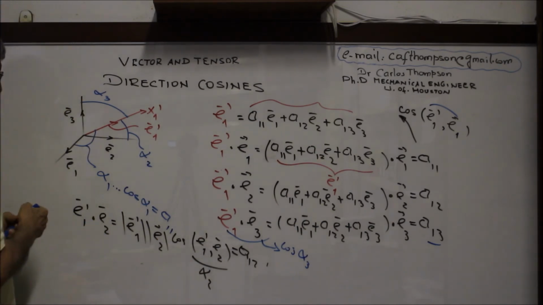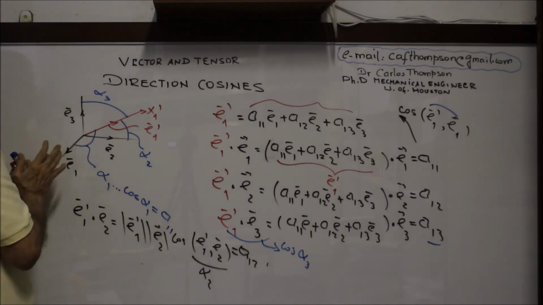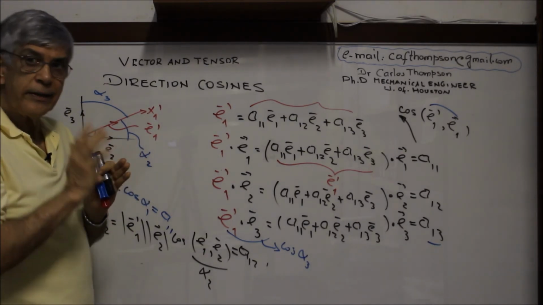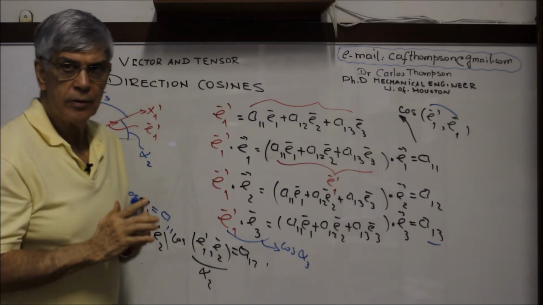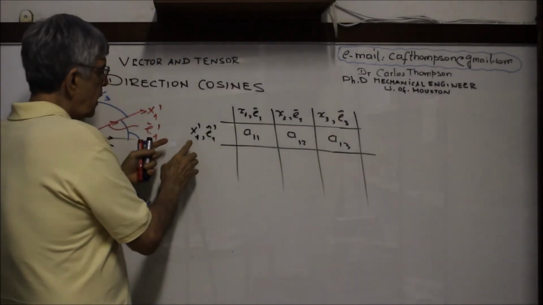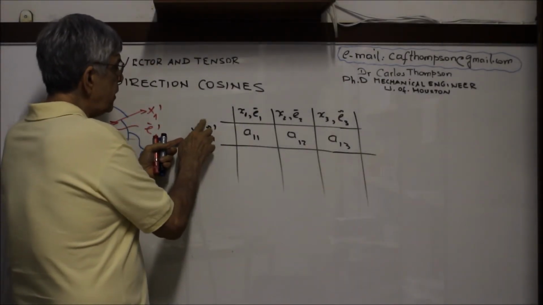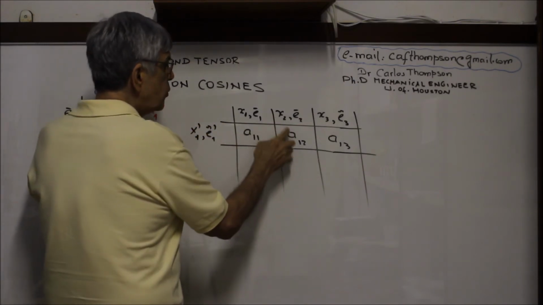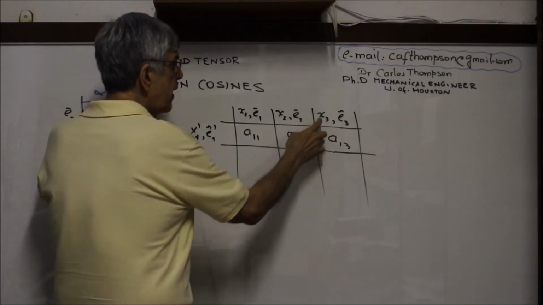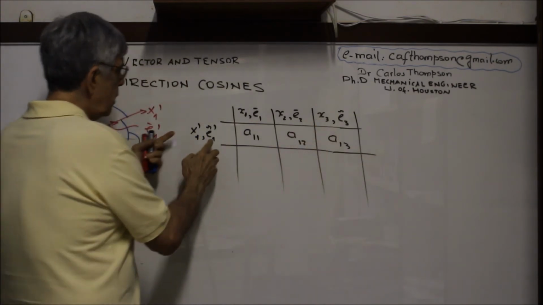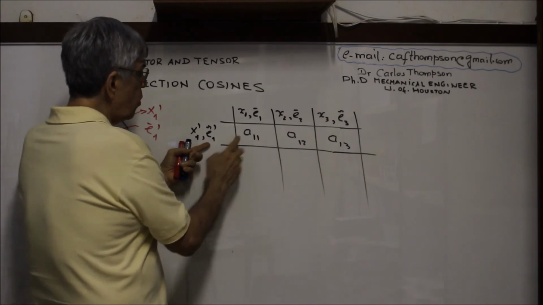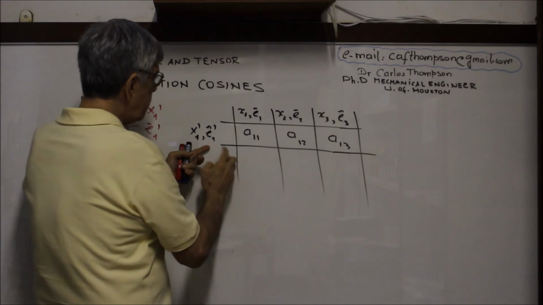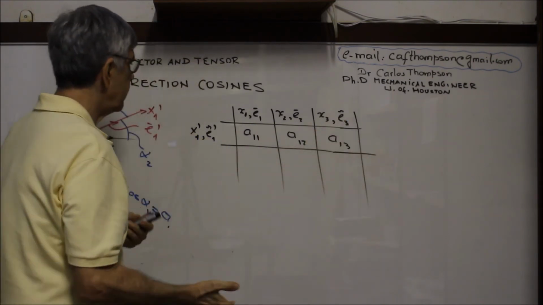So we can start constructing a very interesting table. x1 prime is equal to x1 A11 plus x2 A12 plus x3 A13, or E prime 1 is equal to A11 E1 plus A12 E2 plus A13 E3.